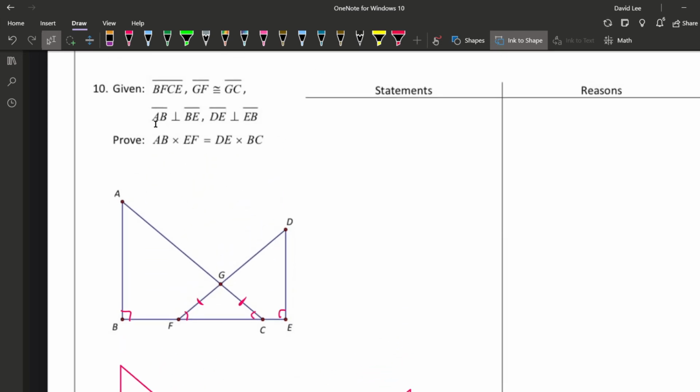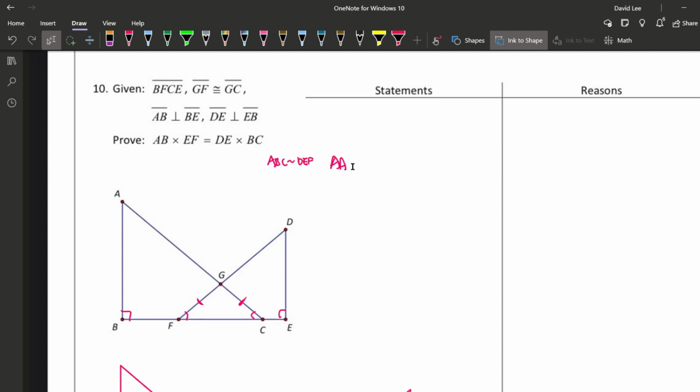Since it says prove this times this equals this times this, the pattern is this: you're probably going to use angle similarity. This is gonna be 90% of the questions. You're gonna use angles to prove similarity. So you'll say something like ABC is similar to DEF.